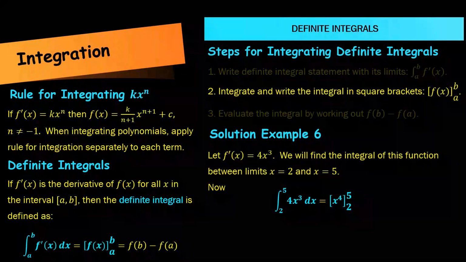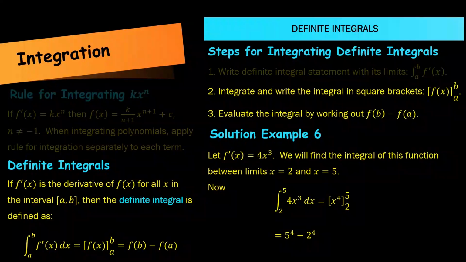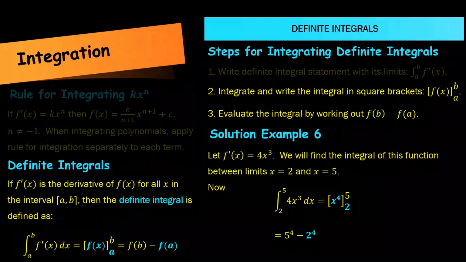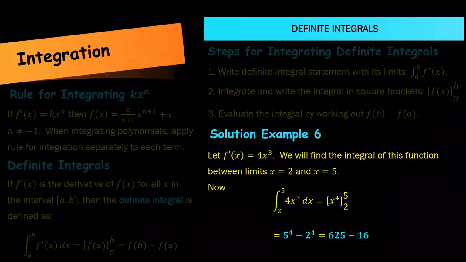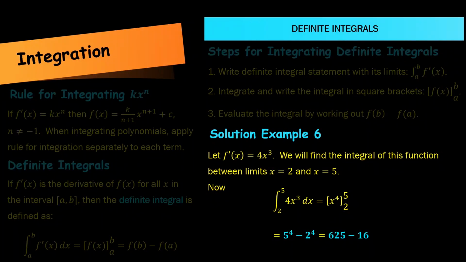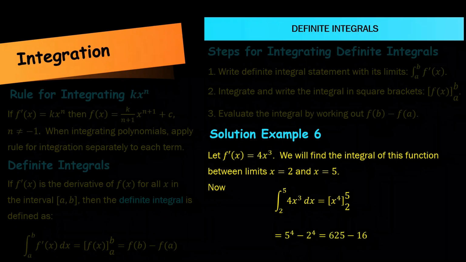And this is equal to 5 to the 4 minus 2 to the 4. And working this out gives us 625 minus 16, which equals 609.